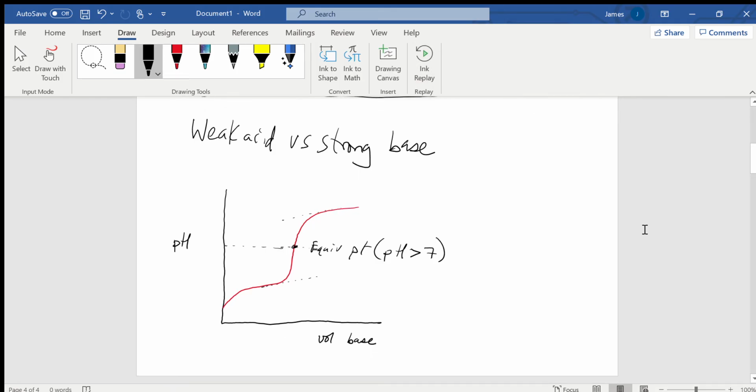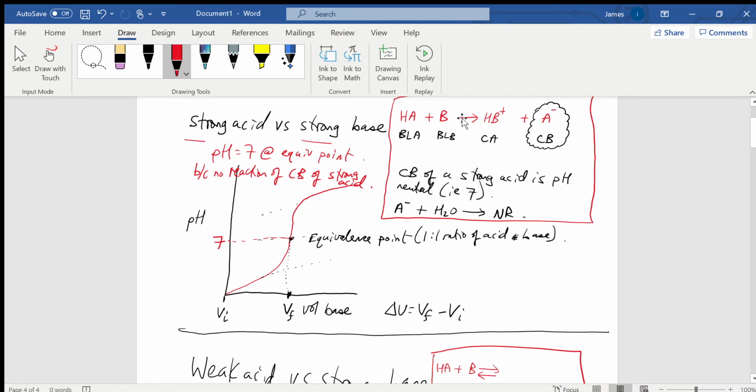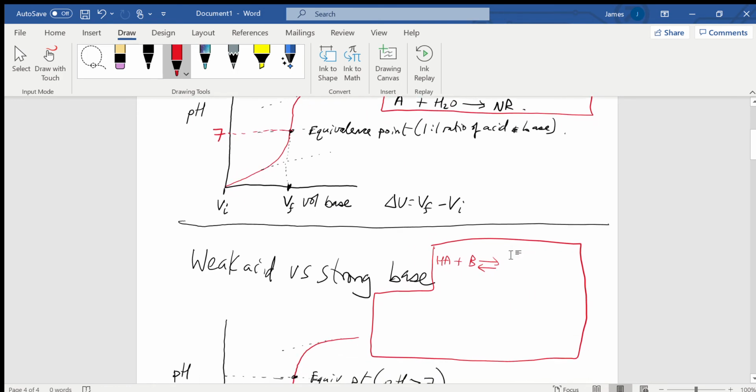So let's look at why. Let's try and slot it in here. Hopefully that's enough space to do it in. So we have our HA plus B. Notice I'm going to put reversible arrows here. I didn't put reversible arrows before because everything was strong.